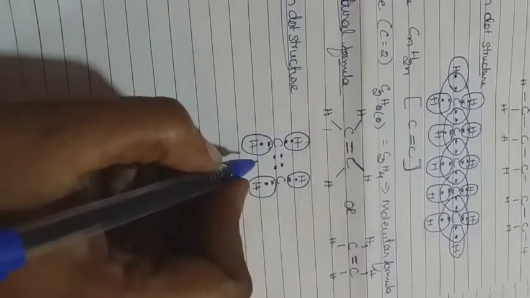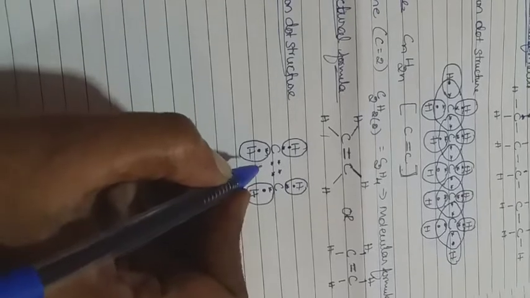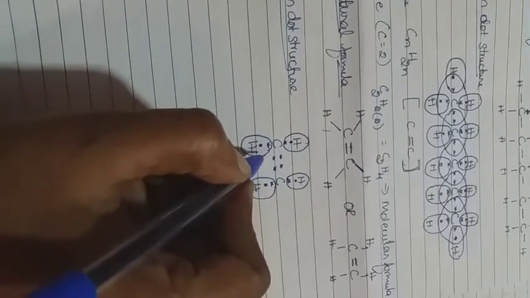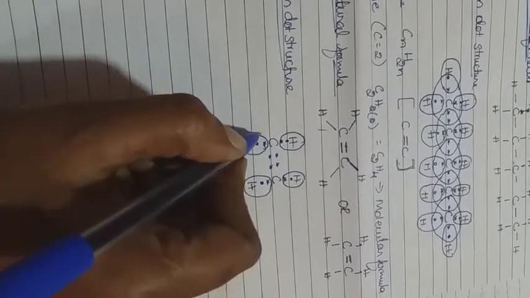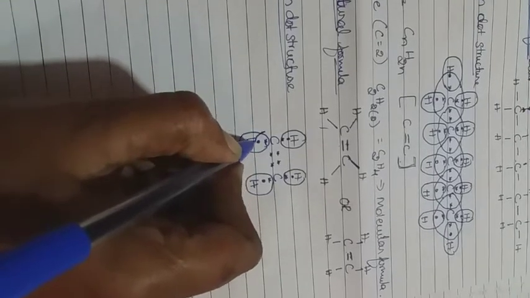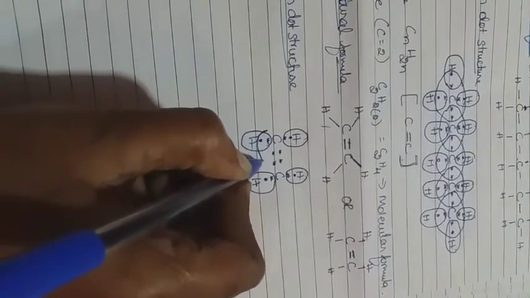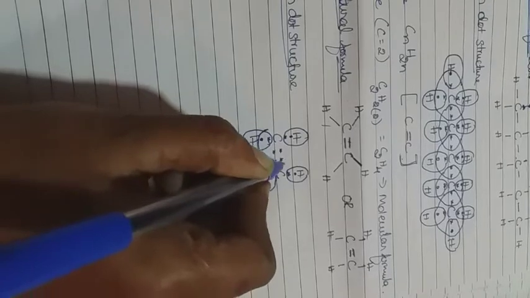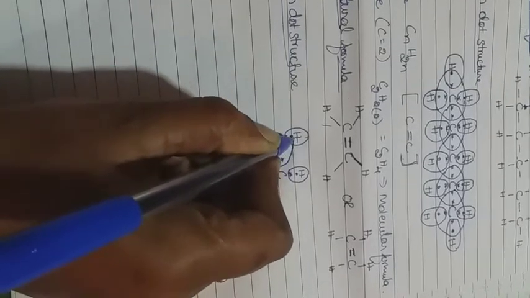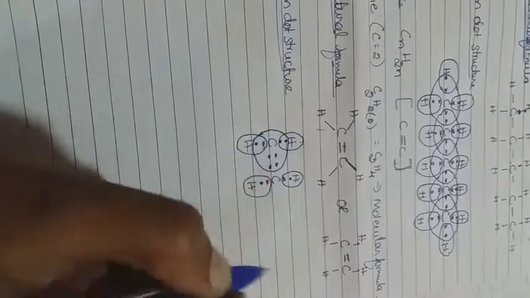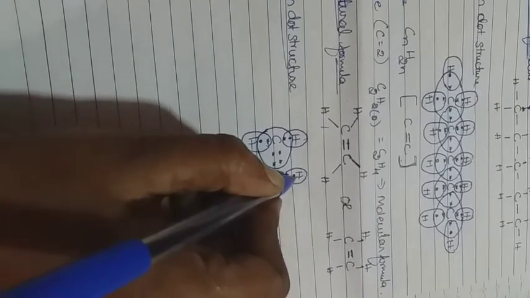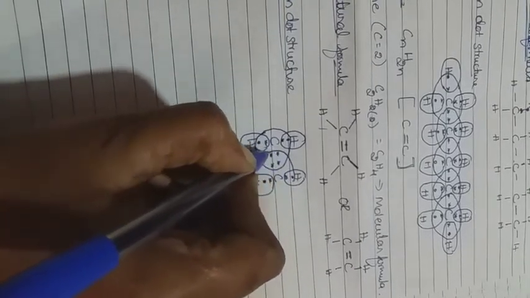Now carbon is going to pair. That means carbon is paired with the 2 electrons of hydrogen as well as the 4 electrons of carbon, like that. And this carbon has also paired with all these 4 electrons, like that.